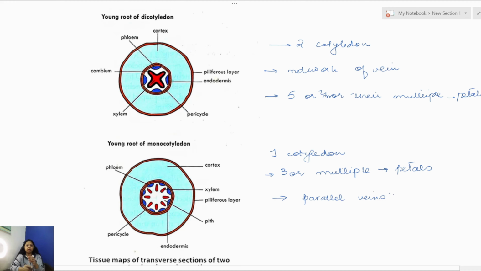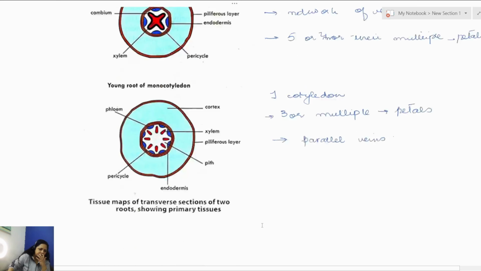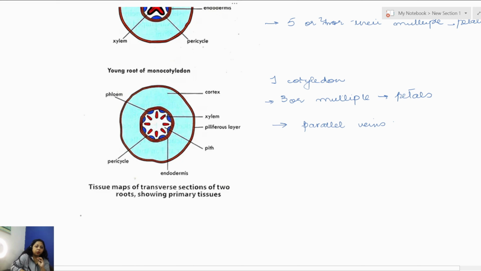There was a question related to it. They gave different types of plants and asked what is present in them. You have to select the plants for dicotyledon. There was one MCQ related to that. Let me check if I have that question right now. I'll share. There were different leaves and flowers given.